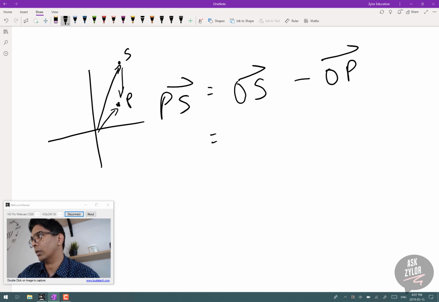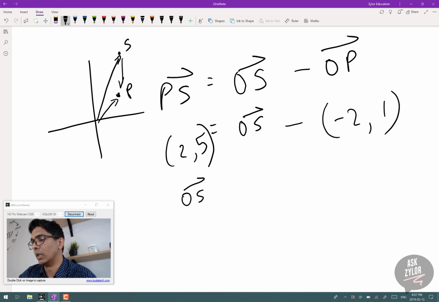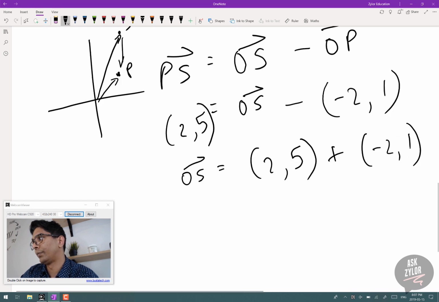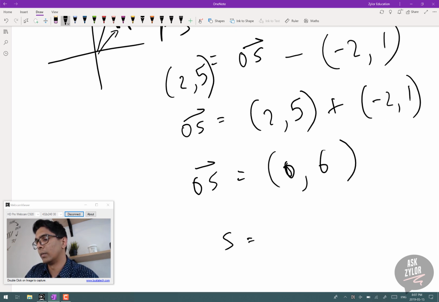Right. So I know my PS already, so it's 2, 5. My origin to S is what I'm trying to find, so that's going to give me my coordinate. My origin to P is simply my coordinate of P, so it's -2 and 1. And I just need to rearrange to give me the origin to S. So it's going to be 2, 5 plus -2, 1. So my origin to S is going to be 0 and 6. So that's my coordinate for S. It's going to be 0 and 6.